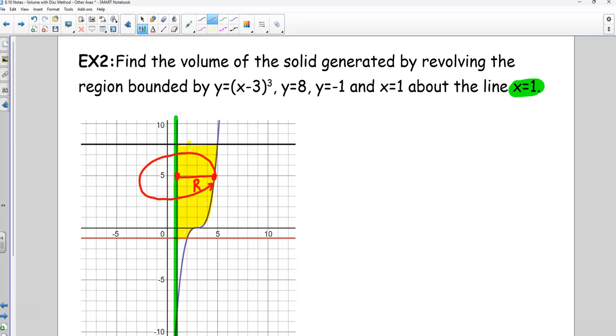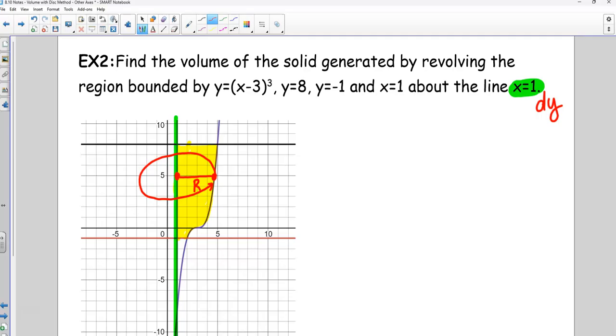Now, if I'm rotating around a vertical line, is it dy or dx? It is dy. These are a little trickier because the equation is x equals 1, but that is a vertical line, like a vertical y-axis. So we have to be in terms of y.